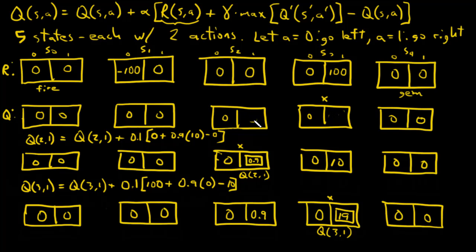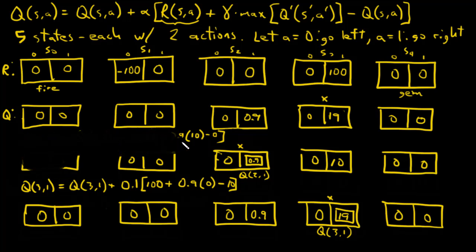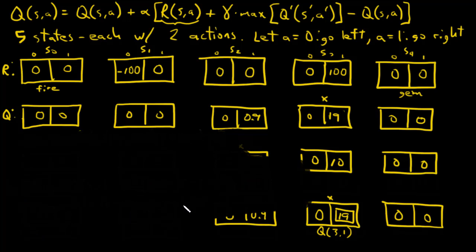All right, and I'll erase this too. So this is 0.9. This is 19. Alrighty. So it reached the end, starts over. So now let me erase all this.